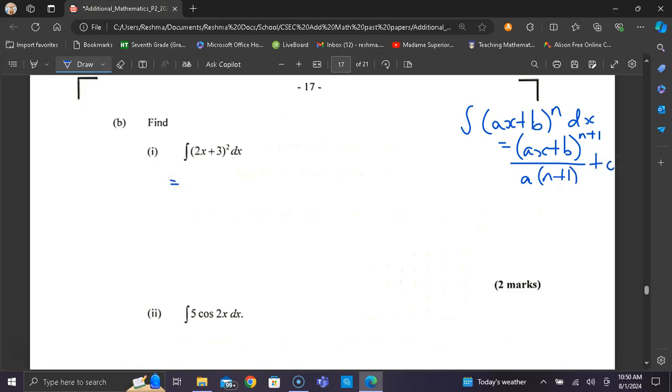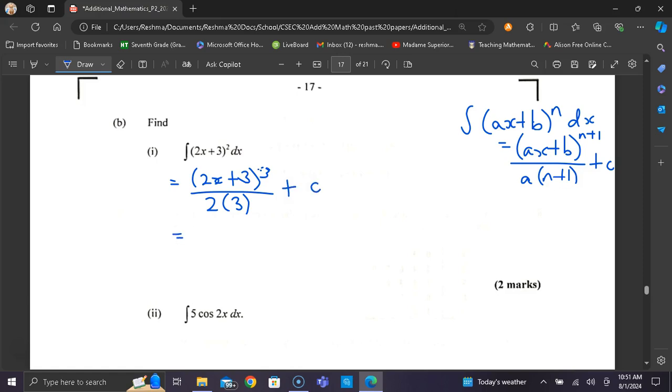So the integral of (2x + 3) all squared, if we follow the formula, will be (2x + 3) to the power of n + 1. So we add 1 to the index, so that'll be to the power of 3, divided by a times (n + 1). So a in this case is 2, times n + 1, which is 3, plus c.